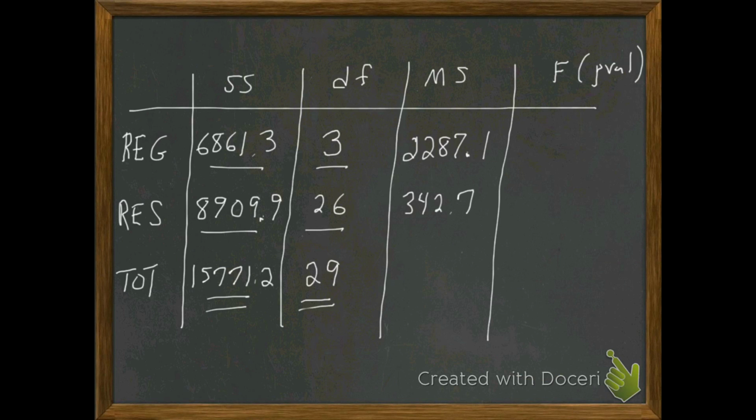And remember that the mean square terms are not additive. So gang, I don't ever want to see you putting a value right there, because 15,771.2 divided by 29 will not be equal to 2287.1 plus this. I encourage you to try that out if you want.